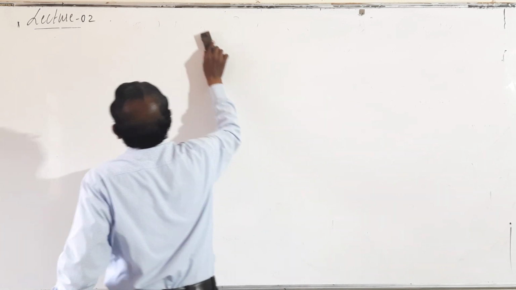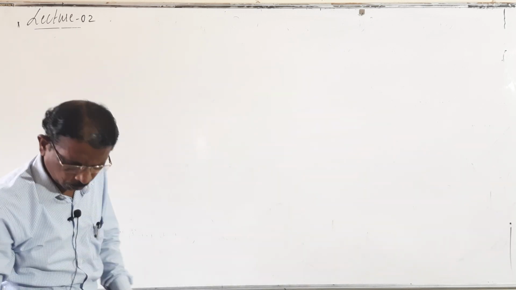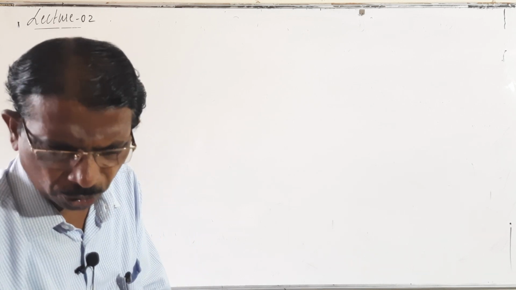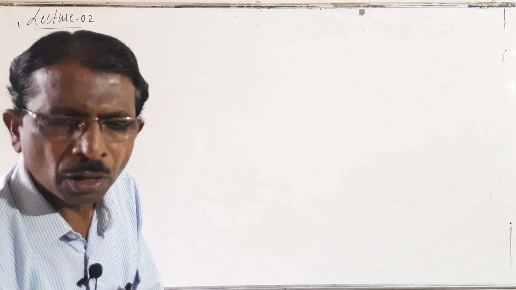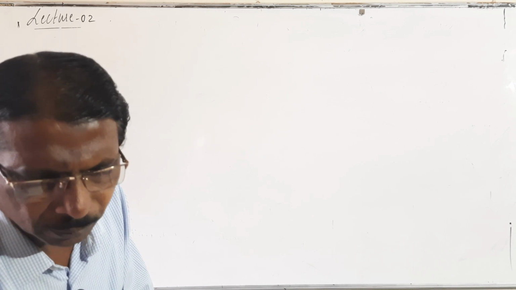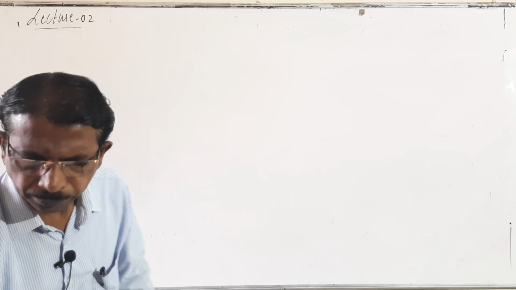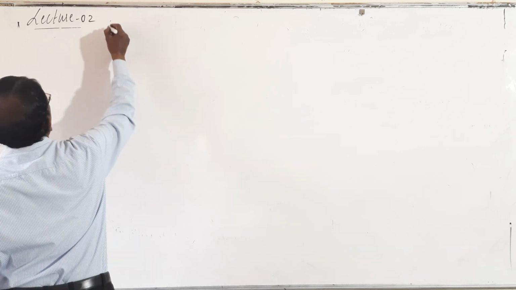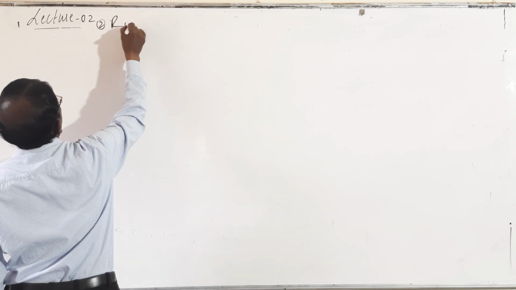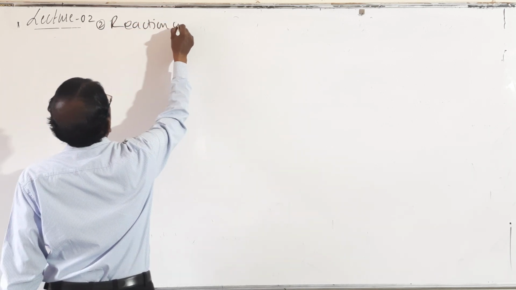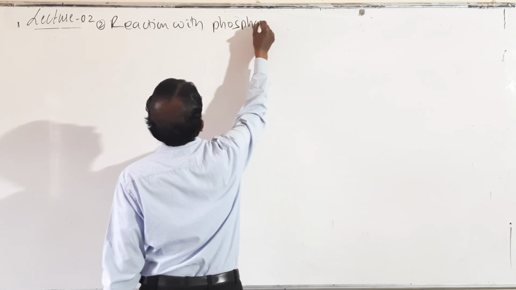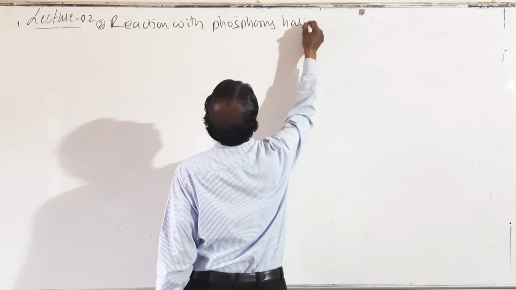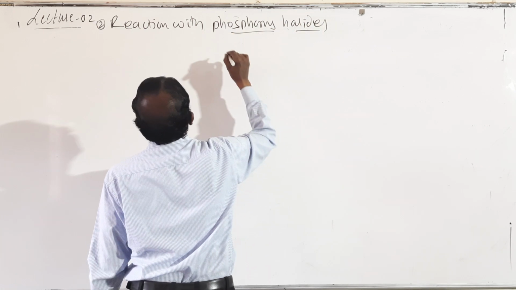In phosphorus halides, we know that phosphorus trihalide and phosphorus pentahalide are there.